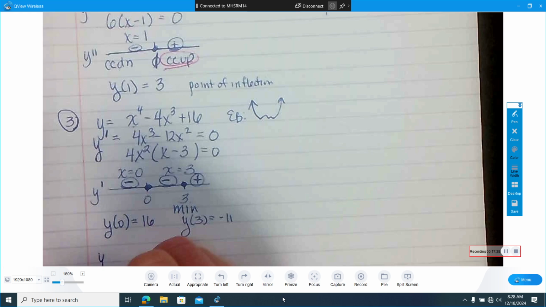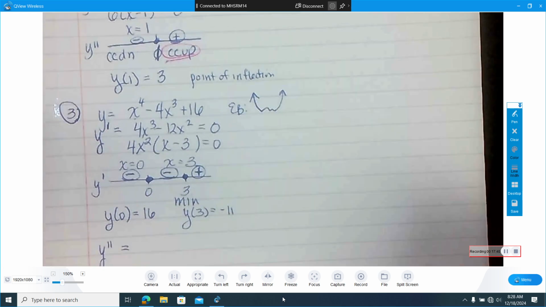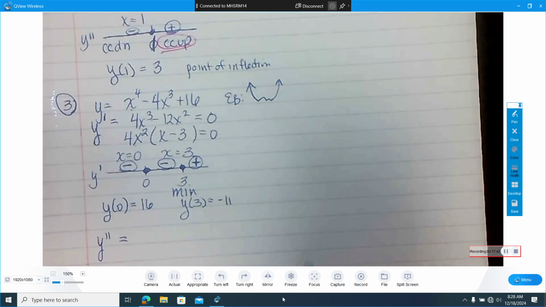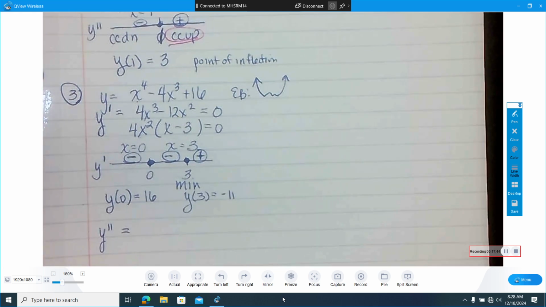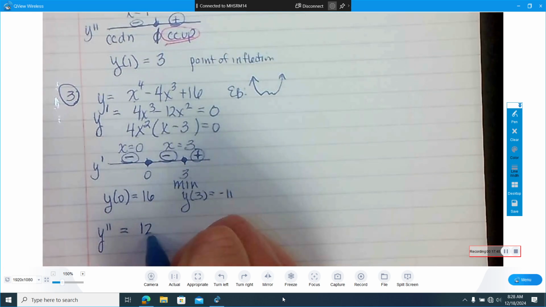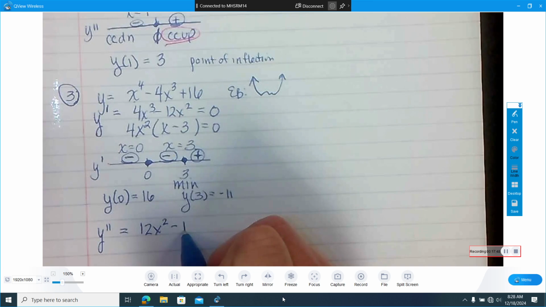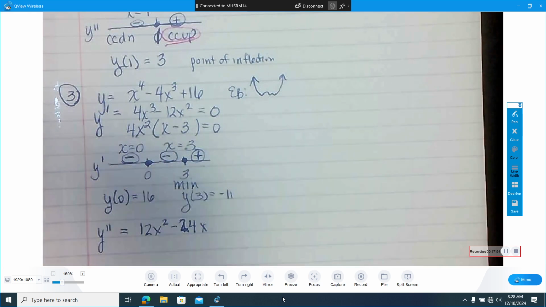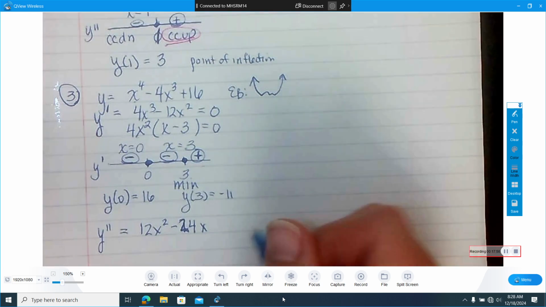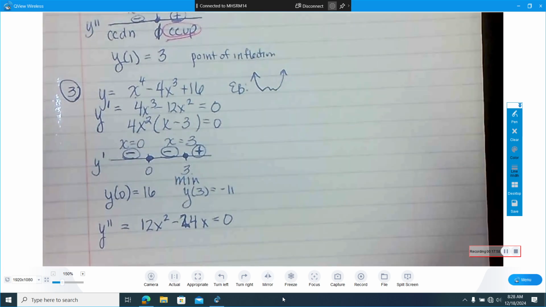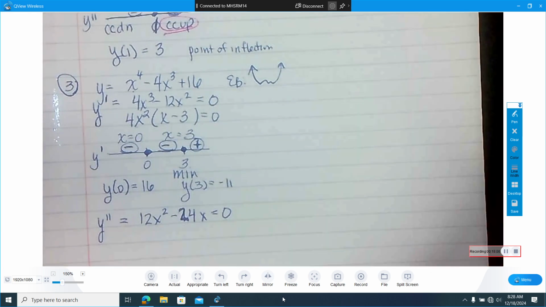All right, let's find the second derivative. What would our second derivative be? 12x squared minus 24x. Okay. 12x squared minus 24x is equal to 0. All right, and then we can take out what?